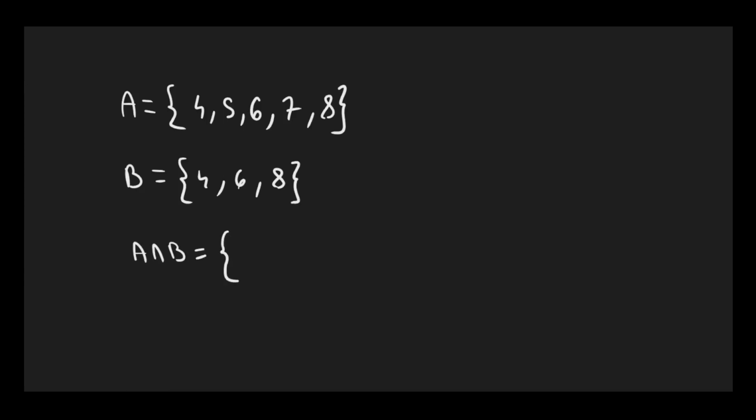Well, in this case, B is a subset of A. It means that A contains every element that B contains. Therefore, the intersection is just going to be the full list of elements contained in B, which in this case are 4, 6, and 8. So A intersection B, if B is a subset of A, is just going to be the same as B.